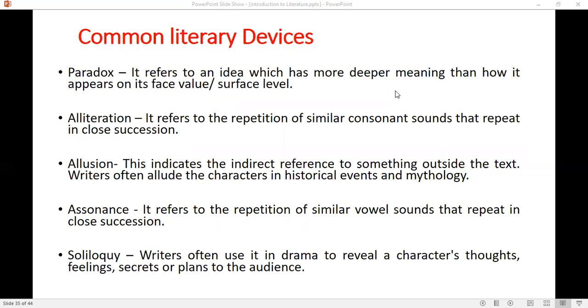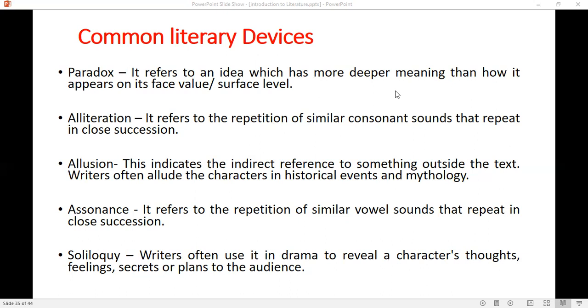Since we will study how these devices are employed in the poems, I wish to explain them in the later sessions.